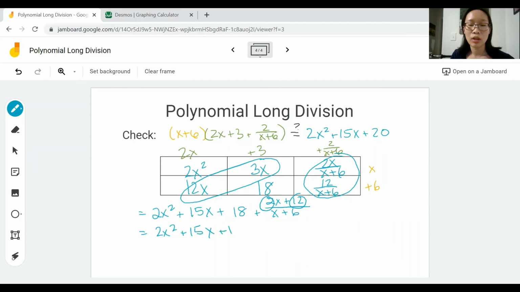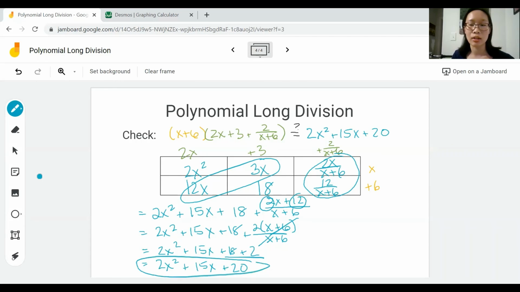And when I do that, I get 2 times x plus 6 over x plus 6, and my x plus 6's cancel, leaving me with 2x squared plus 15x plus 18 plus 2. Now my 18 and my 2 are like terms, and I can combine them as 20, which is exactly the starting polynomial, or our dividend.